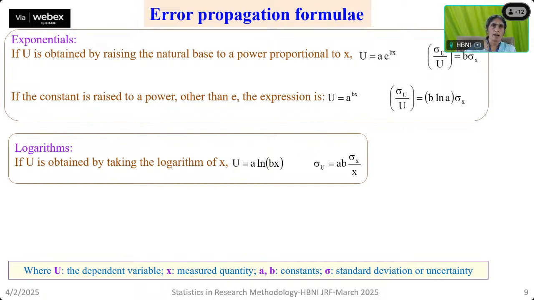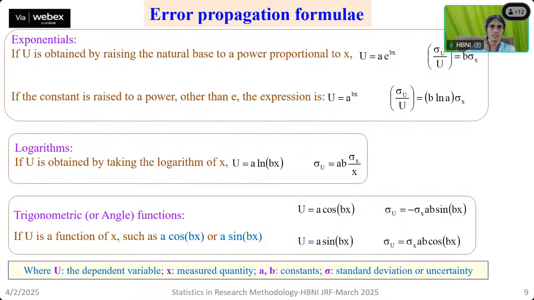If you try to combine the steps, maybe you may miss out some important points. So it is better to be patient initially, formulate your entire measurement step, apply the formula for each of the parameters, each of the expressions, and arrive at the final uncertainty, final standard deviation.